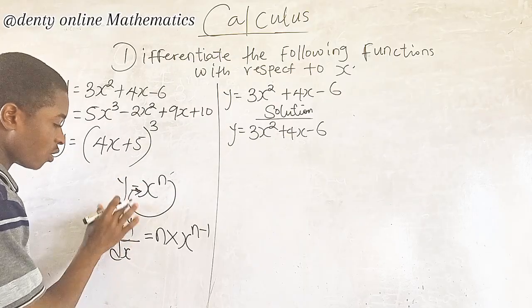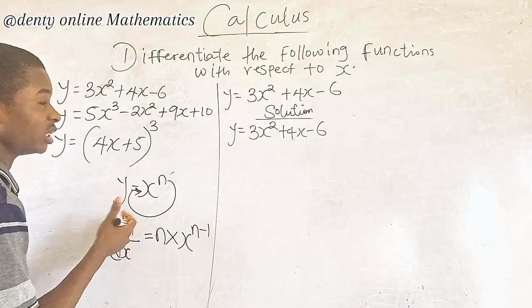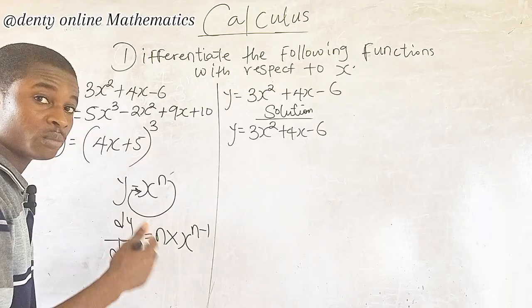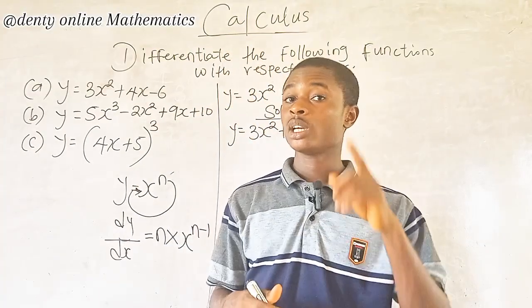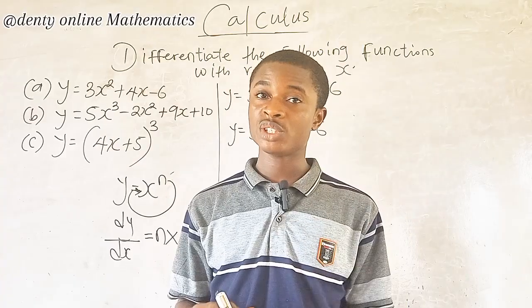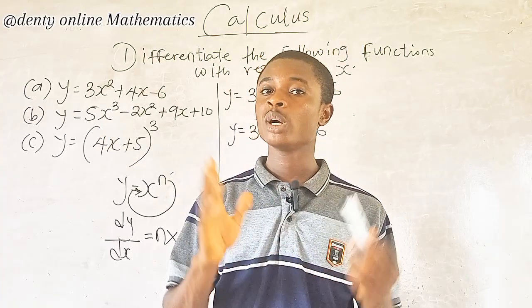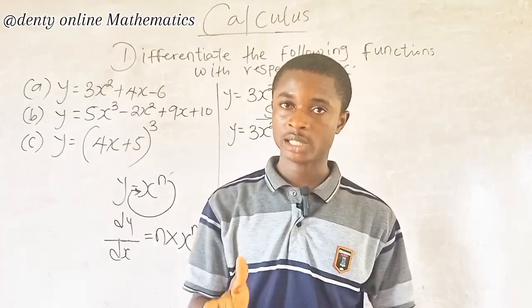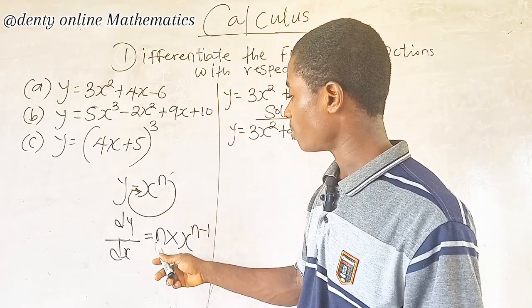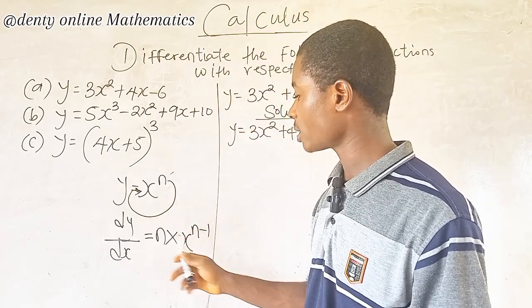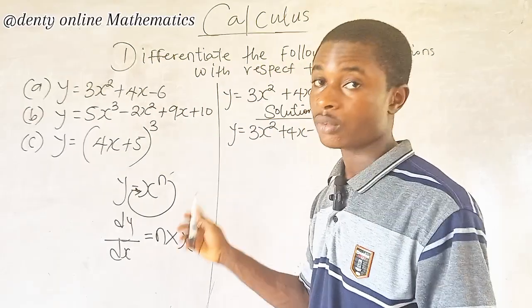So dy over dx means you're differentiating it. It also means you're looking for the derivative. It also means that you're looking for the differential coefficient. You're looking for the slope. All of it means the same thing. You get? So the n now multiplies the base x and then you subtract 1 from it.